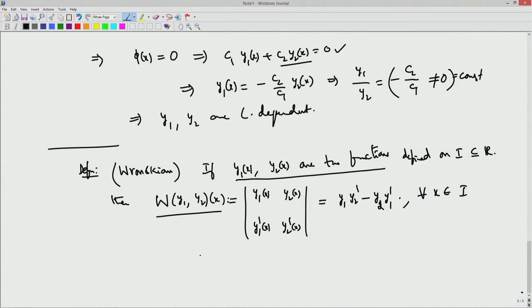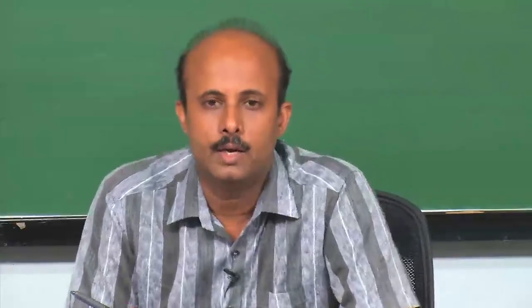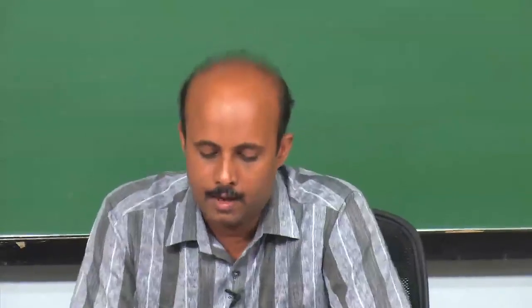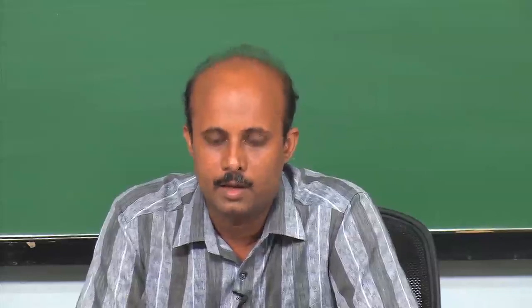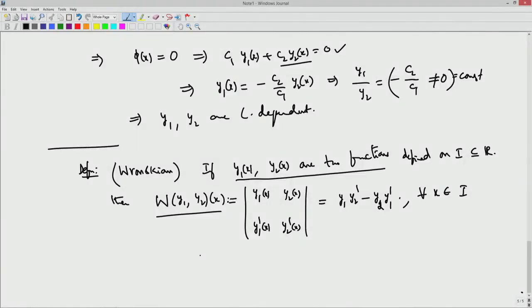If they are solutions of the linear second order homogeneous equation, then they are linearly independent if and only if this Wronskian is not 0 at every point. But this is not true for general functions. You can consider an example I give you: 1 and x log x, I consider these two.